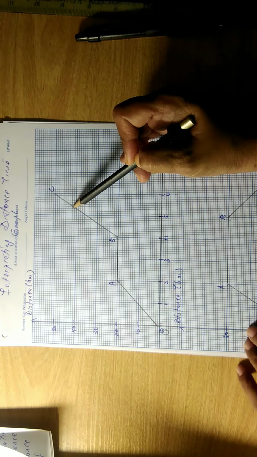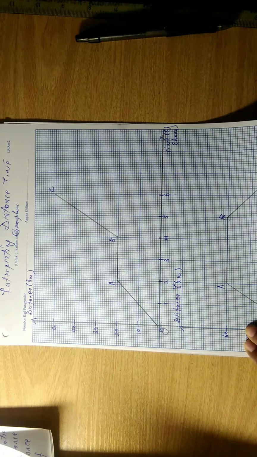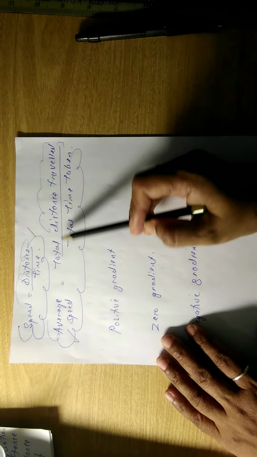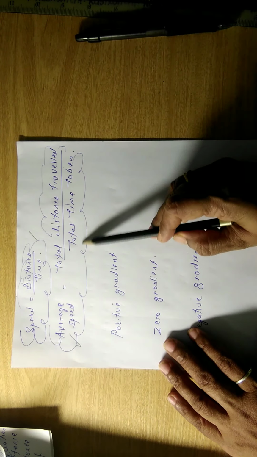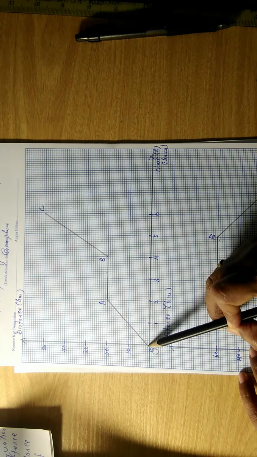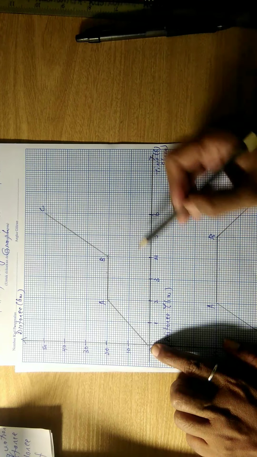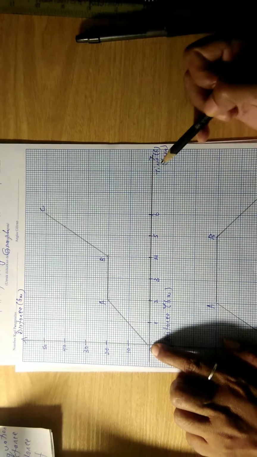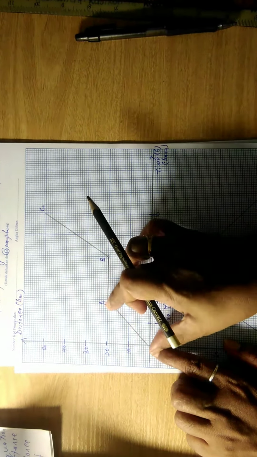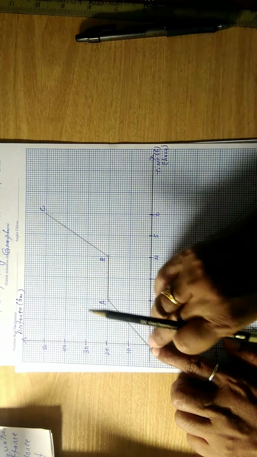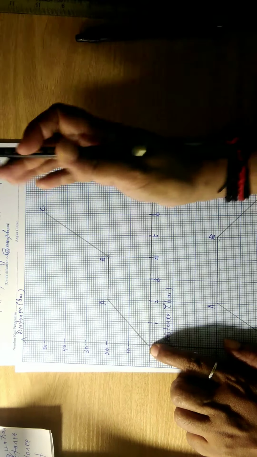So when you're talking about average speed, the formula is a little bit different. Average speed is total distance traveled over total time taken, meaning from here right up to this point. Speed is only for that one portion, but average means the entire graph, from where the particle starts to move until when it stops.